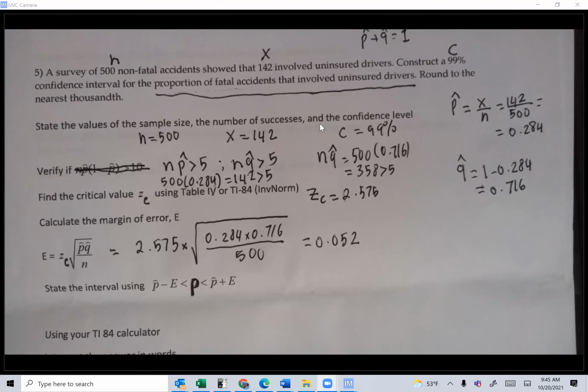So I got 0.232. And then for 0.284 plus 0.052, I got 0.336.